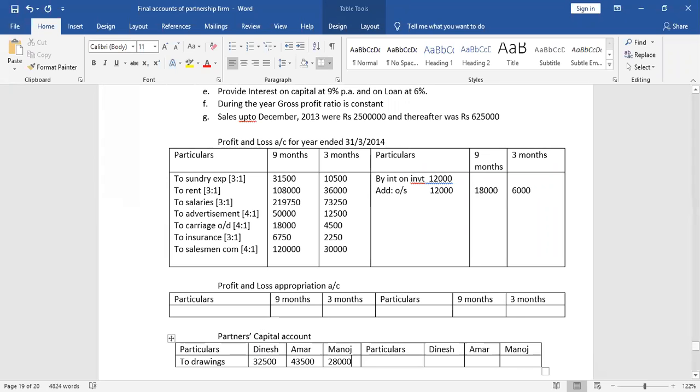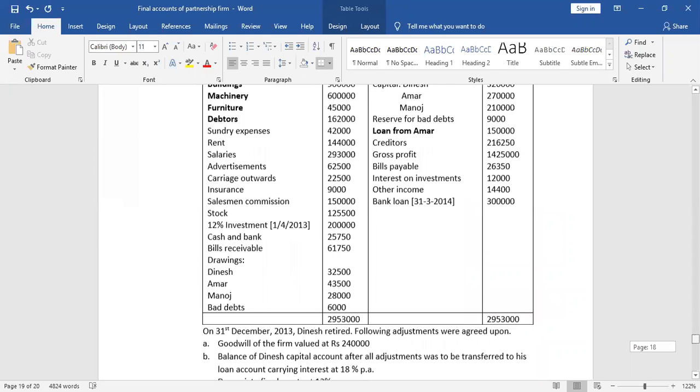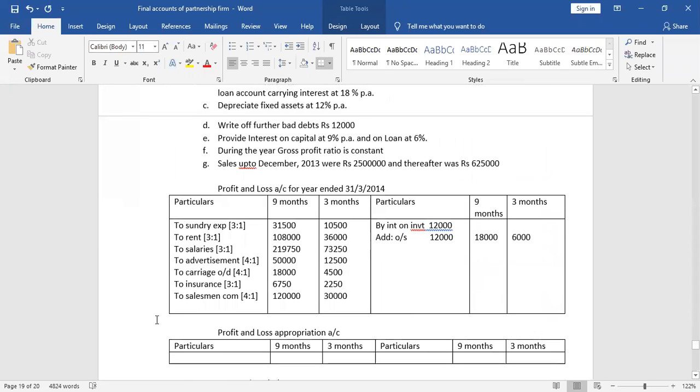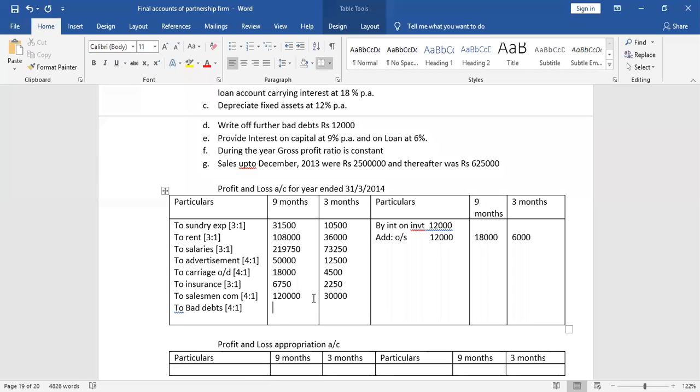And after drawings, what is given? Bad debts. Bad debts has to go in the sales ratio, so bad debts is related to sales. Divide bad debts in 4:1. What is the amount of bad debts?